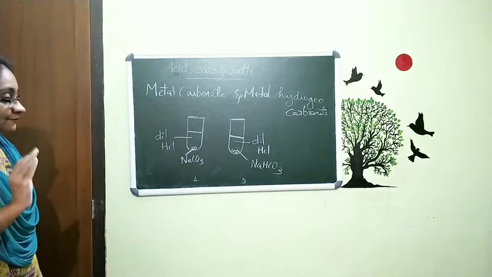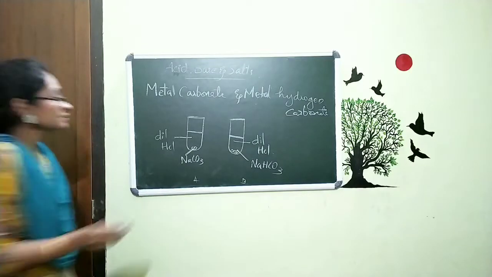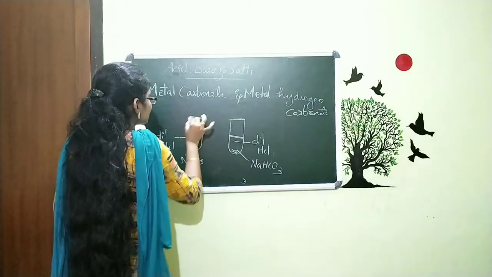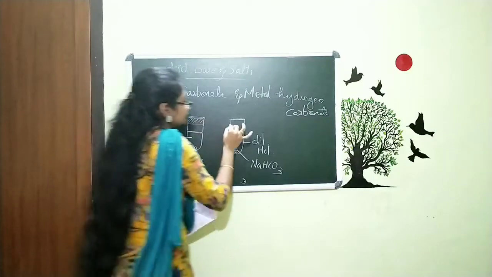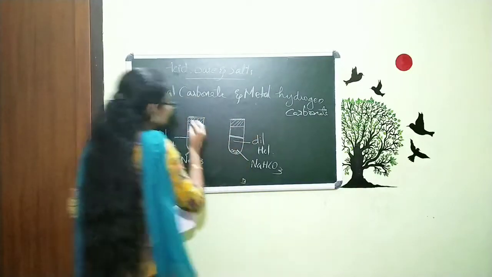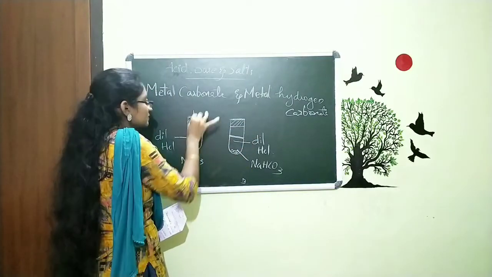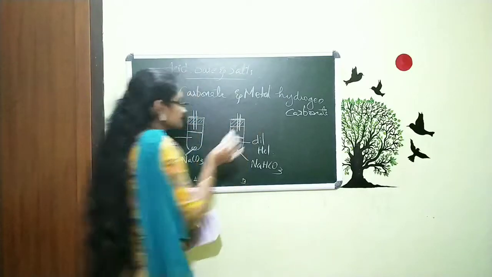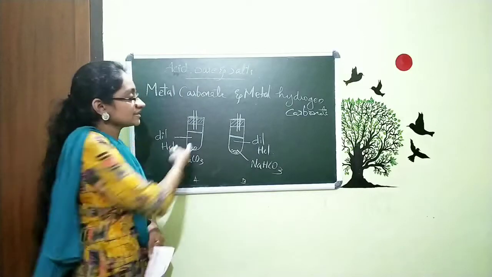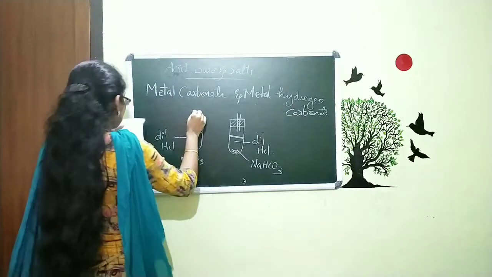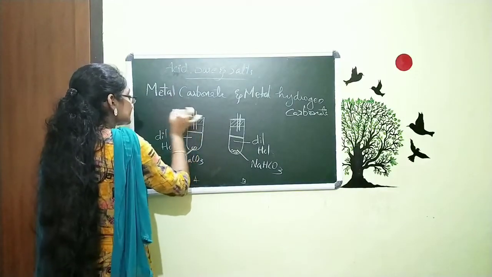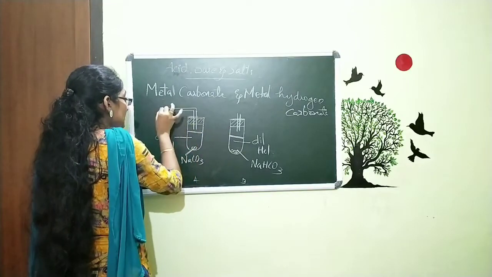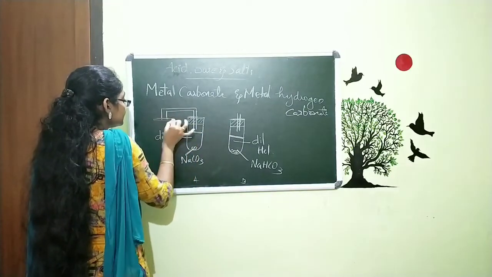Now, the experimental setup is not over. We are just closing this with some cork and then again connecting one tube here. The aim is to collect the gas that forms here. So, we are just taking this tube to another beaker.